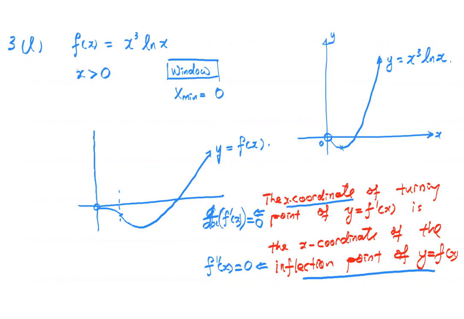Aren't these two things the same? So you can try to sketch the graph of f prime x. Then you will be able to get the inflection point here. Everyone, please try. I also try now.